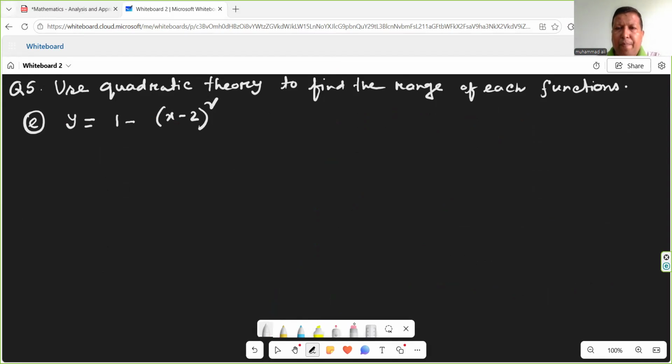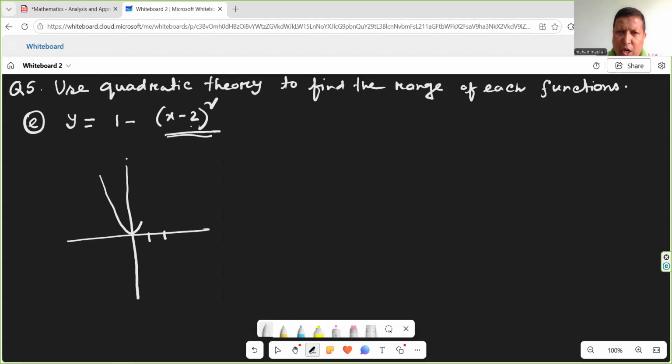Question number E. y equals to 1 minus x minus 2 whole square. So step by step, I want to show you this curve. At first, I want to sketch y equals to x minus 2 whole square curve. So this curve as minus 2, it passes through x square curve. If we consider x square curve, x square curve will be like this.